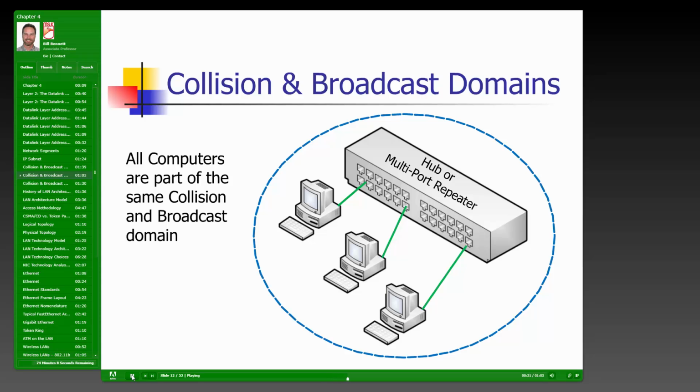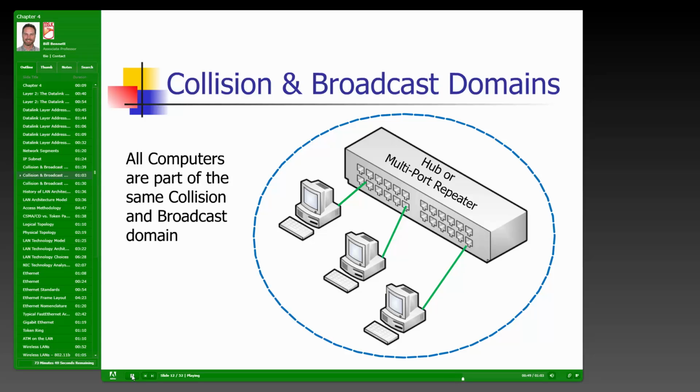It's just the same as if they were all connected to the same cable, the same media. So if one device were to send a message out, no other devices could transmit at that point in time. They have to wait until that message cleared the wire, and then they would be able to transmit. So they're part of the same collision domain.